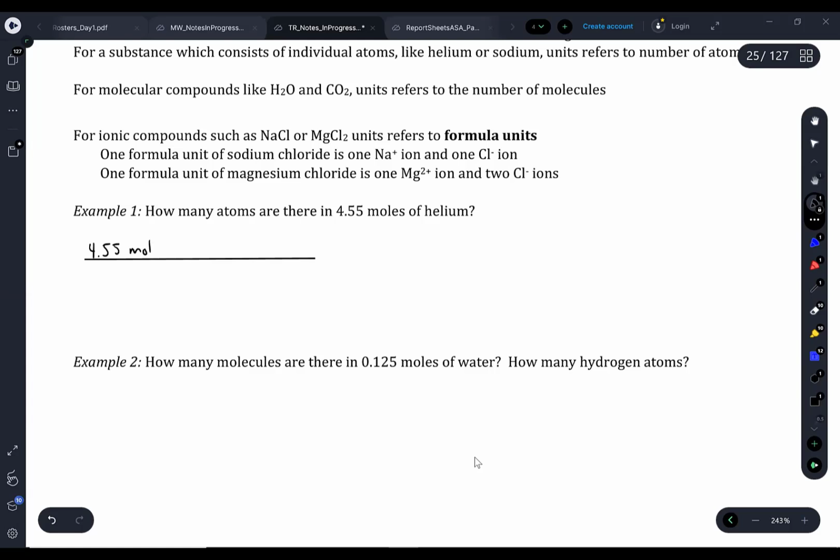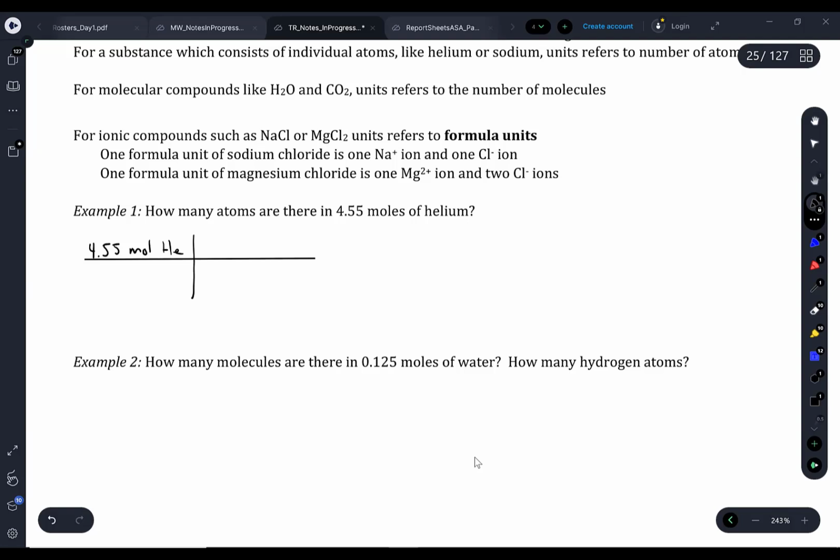And we abbreviate moles MOL. I don't know why we need to abbreviate a four-letter word, but we do. And to get to atoms, we're just going to use the definition of the mole.